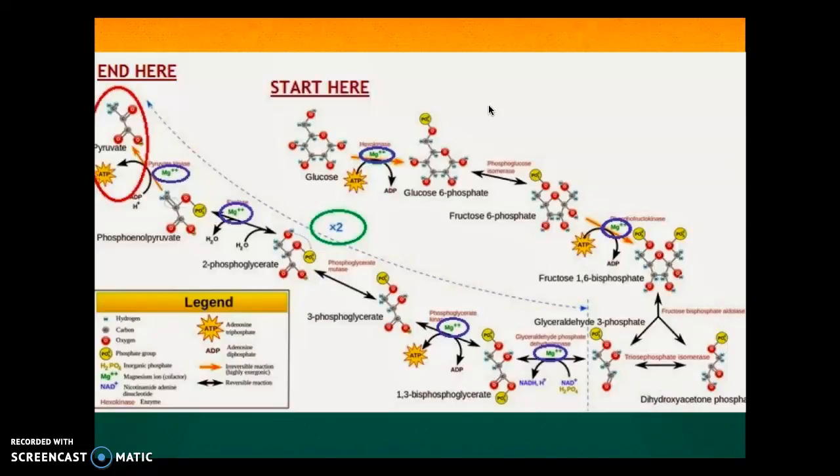To do this, electrons are transferred to the 2 NAD pluses, which stands for nicotinamide adenine dinucleotide. So other products that are formed are 4 ADPs and 2 glyceraldehyde 3-phosphate groups.